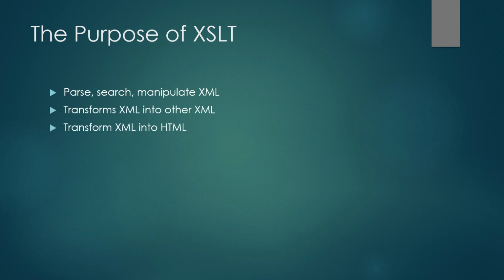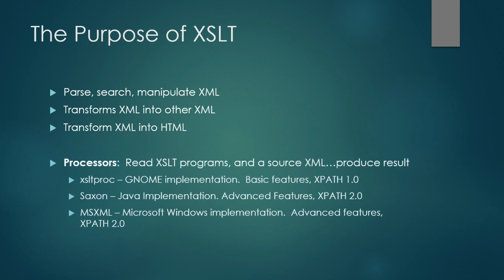We can use it to, you can imagine a real common example that's done, is to take an XML source file and format it into some cool looking web page. This is sort of a dynamic HTML, right? It updates based off of a file. So you have these processors out there, and the processors are the programs that take in an XSLT file as well as some data and then give you some result, right?